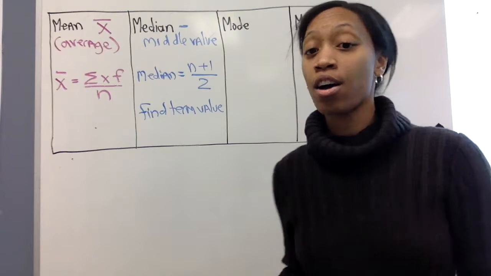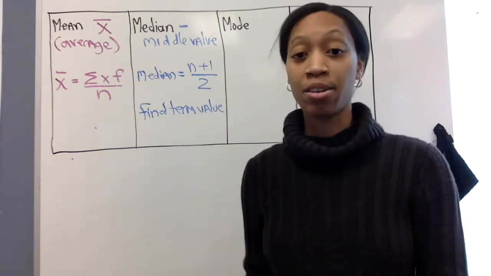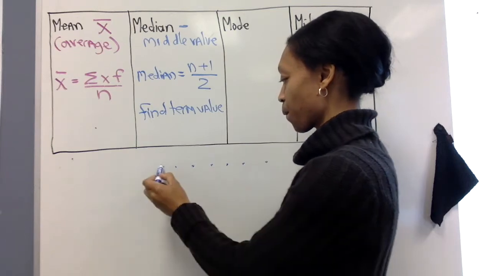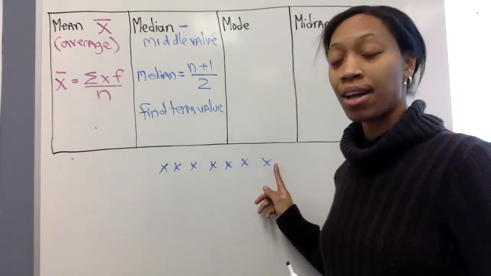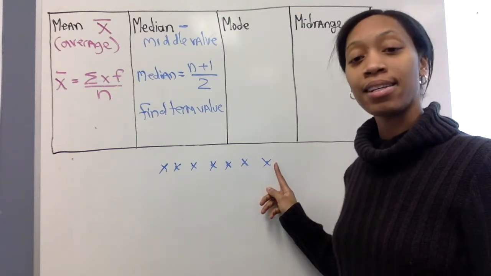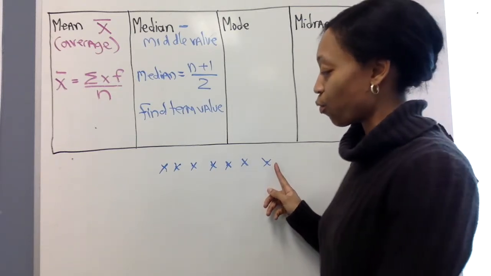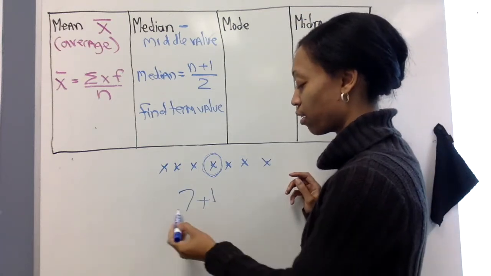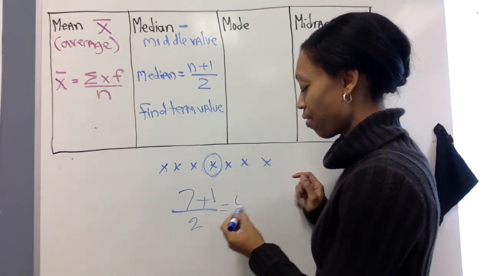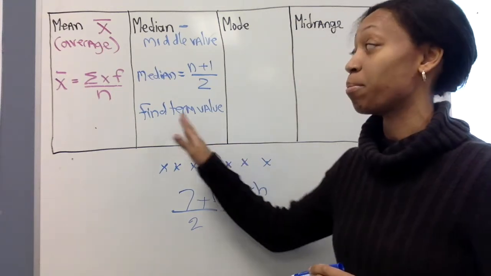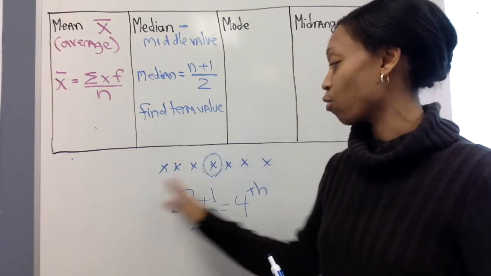So for instance, let's say that there are 7 items. I'm going to say to myself, okay, 7 plus 1 is 8. Half of 8 is 4. So whatever the n is, you add 1 and divide that by 2. And that tells us that the fourth thing would be in the place of the median. So I come over 4.